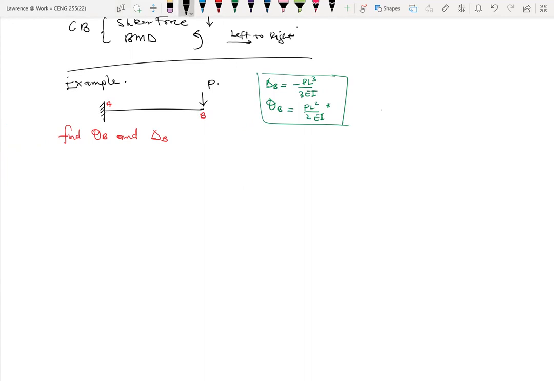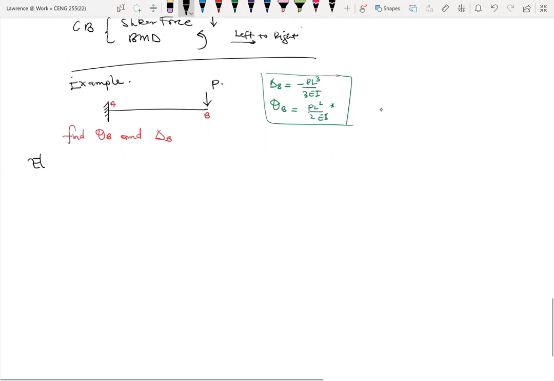So we have to use the conjugate beam method. So let's first draw, so we have an idea of our elastic curve. Here, the elastic curve is not too critical. It's most critical with the moment area method, but not too critical with the conjugate beam.